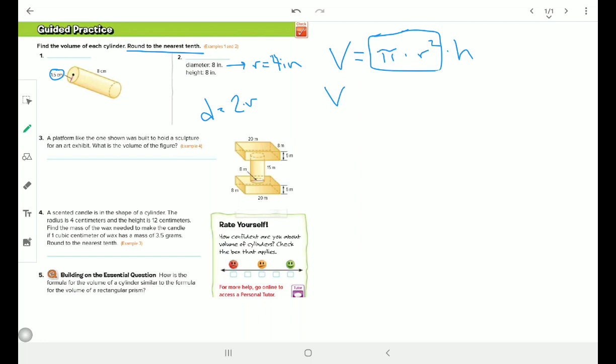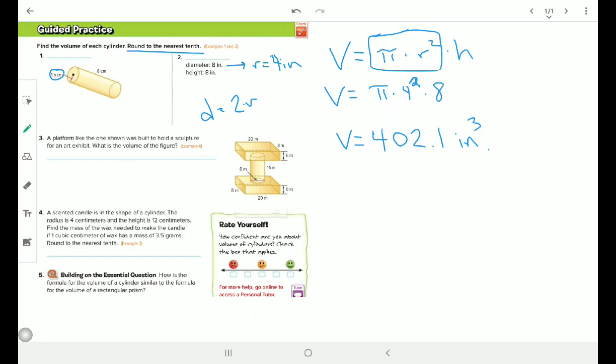So we need to figure out the volume equals pi, which is 3.14, times my radius, which is 4, squared, times my height of 8. And if I multiply that all out and I round to the nearest tenth, I find that the volume is 402.1 inches cubed, right?